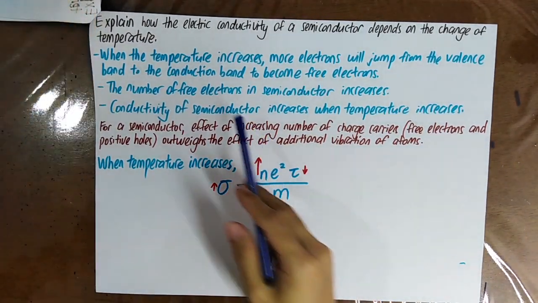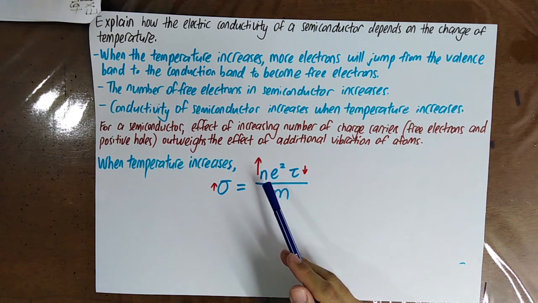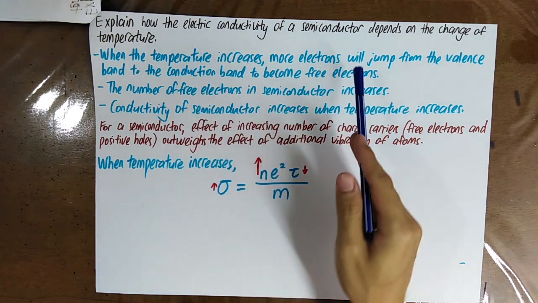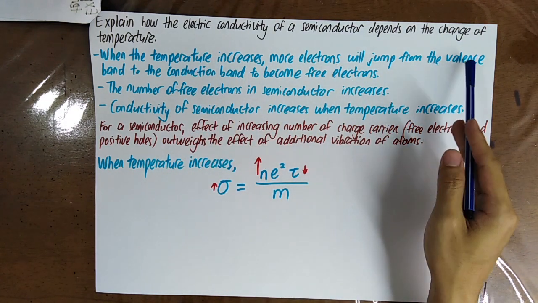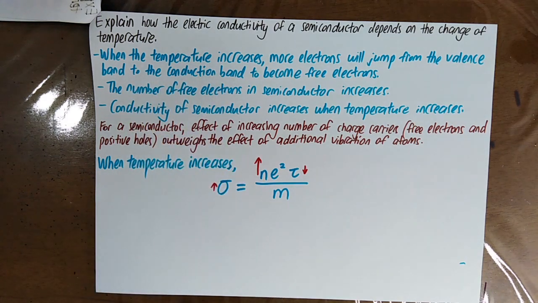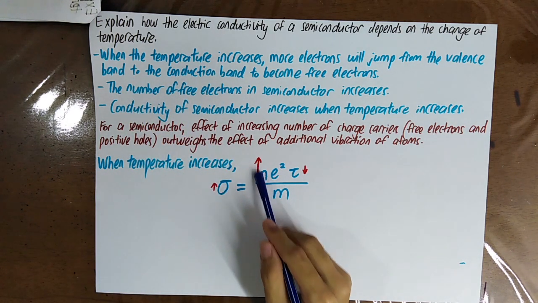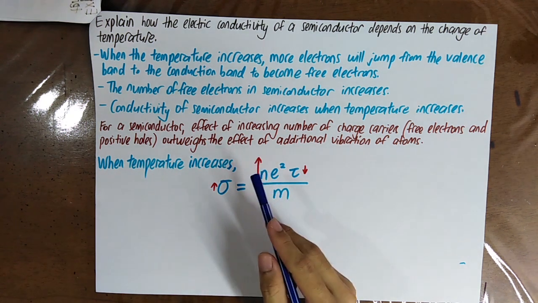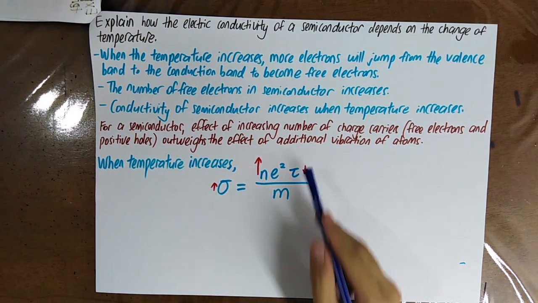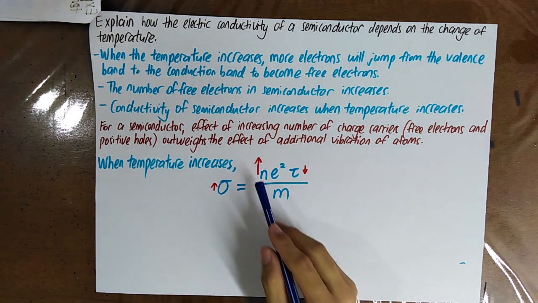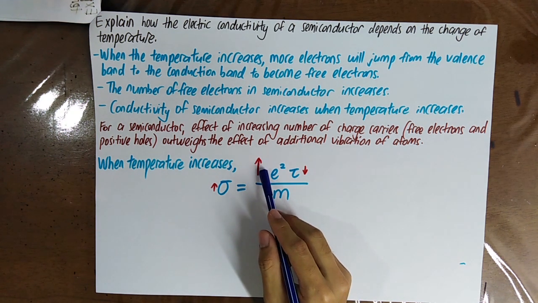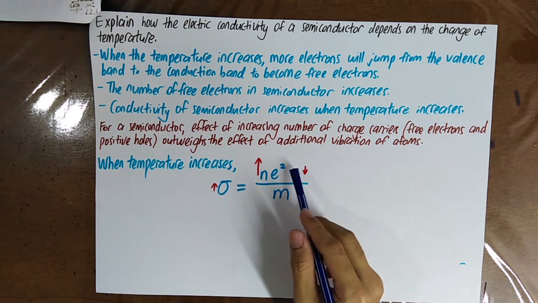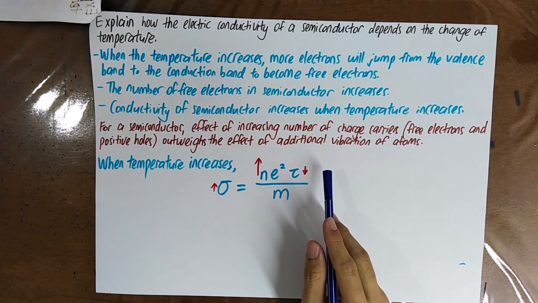So for the semiconductor, the electrons can be promoted from the valence band to the conduction band, and therefore N will increase, and the effect of this is much more dominant than this. That means this increase has a greater effect than tau decreasing.